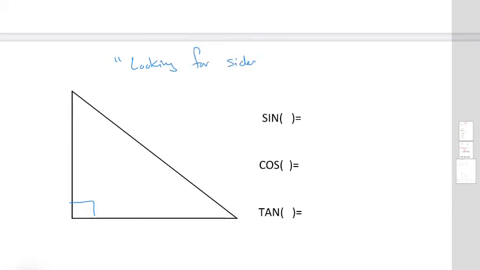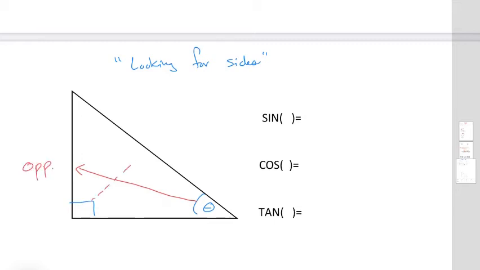So in order for me to use trig, first I have to have what we call an angle of reference, which I'm going to call theta. If this is the angle that I'm going to use, then across from your angle of reference, in this case theta, I'm going to label the opposite side.